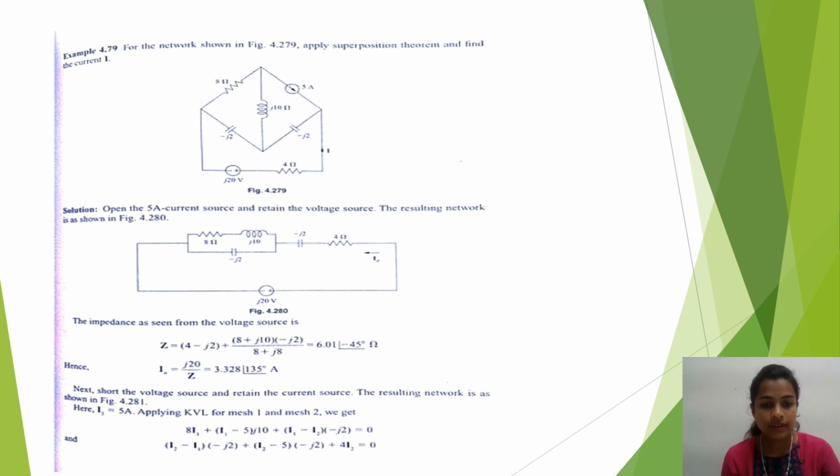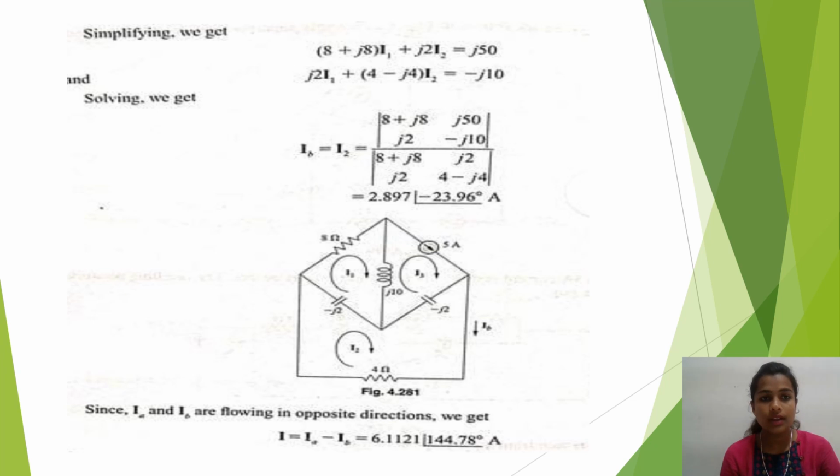And (I2 minus I1) into minus j2 plus (I2 minus 5) into minus j2 plus 4I2 equal to 0. By simplifying, we get (8 plus j8) I1 plus j2 I2 equal to j50, and j2 I1 plus (4 minus j4) I2 equal to minus j10.